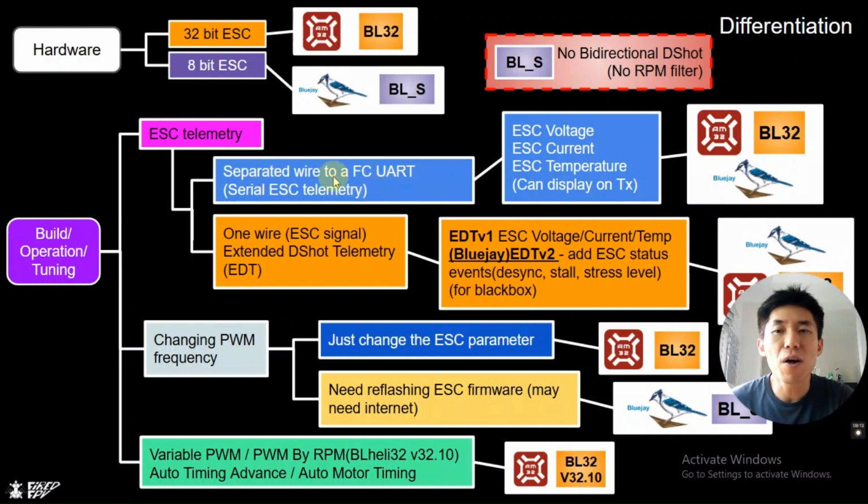This method is called serial ESC telemetry. Once you do that and set up some parameters in Betaflight or the flight controller program, you will get ESC voltage, ESC current, and ESC temperature, and this data can be displayed on your radio transmitter. The firmwares that provide these features are AM32, BLHeli_32, and Bluejay.